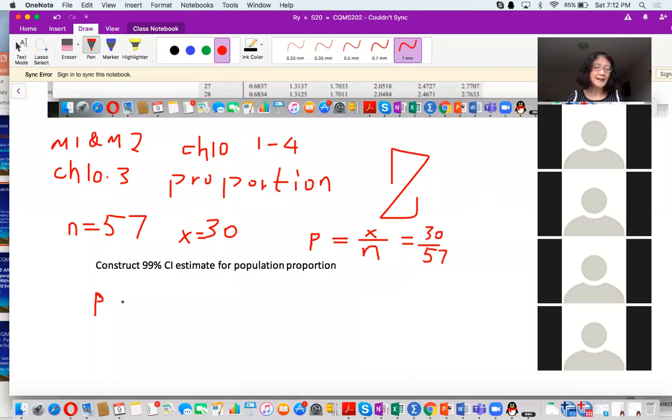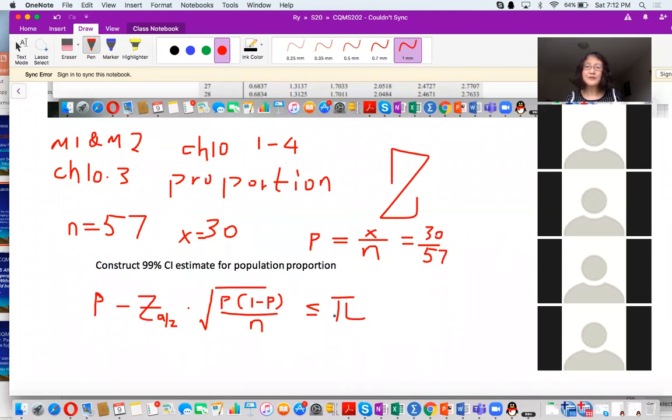So the formula says, sample proportion P minus Z half alpha times the square root of P times 1 minus P divided by N. Population proportion, we use pi.